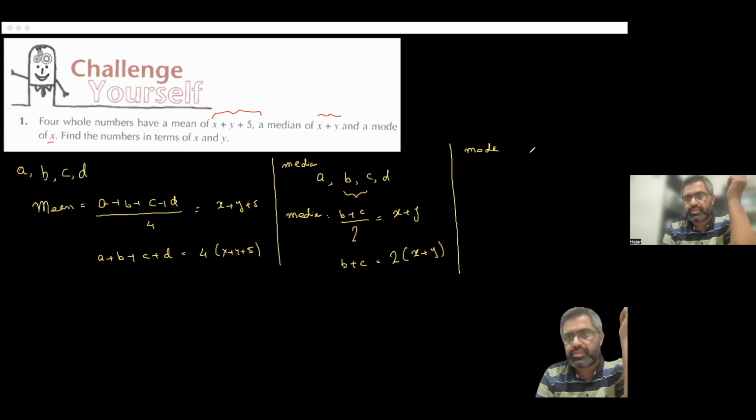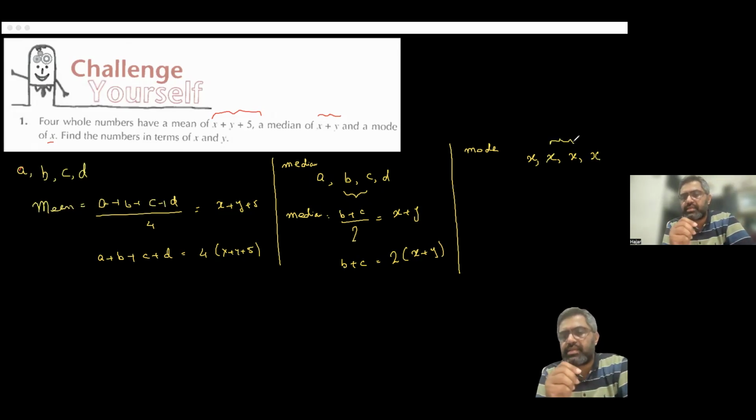Suppose A is x, B is x, C is x, and D is x. In that case, our median value should be x plus x divided by 2, which is x, which is not the case over here. It is x plus y. So we cannot have this case.